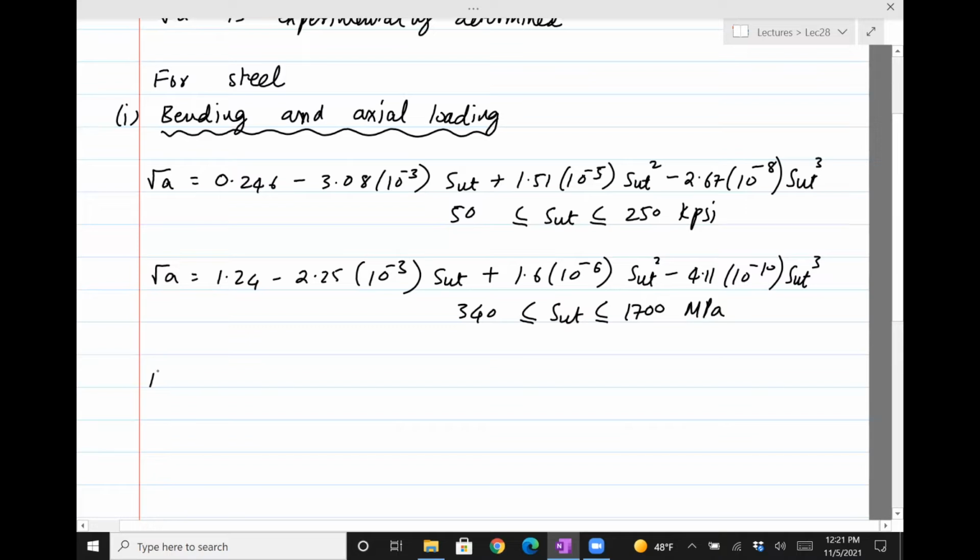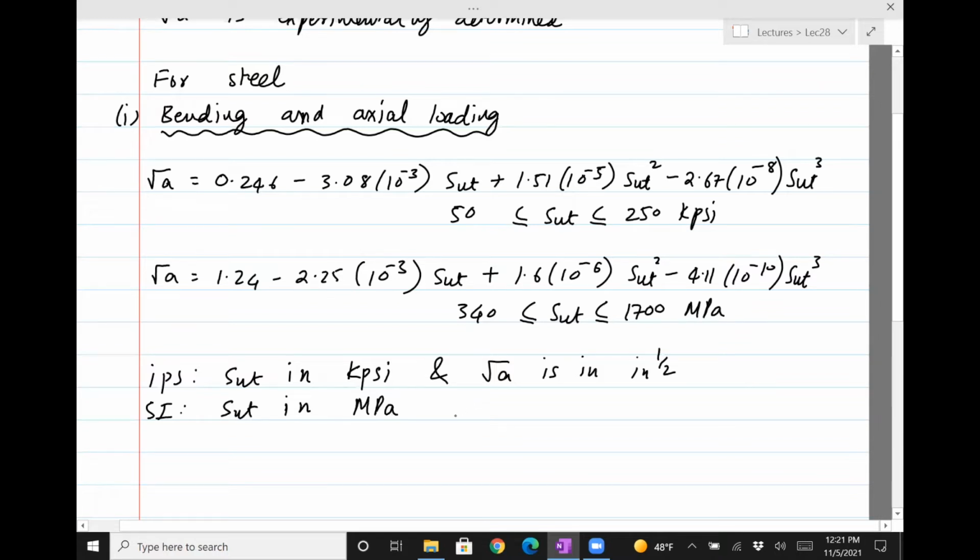In IPS units, which is the top formula, you use S_ut in kpsi, and square root of a is in inch to the half. In SI, S_ut is in MPa, and square root of a is in millimeter to the half.